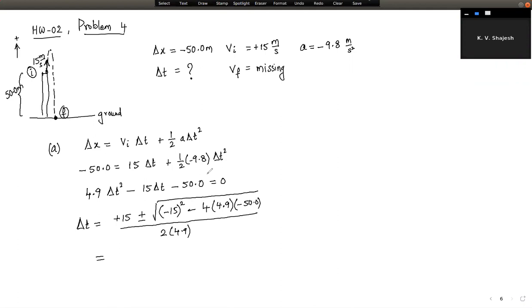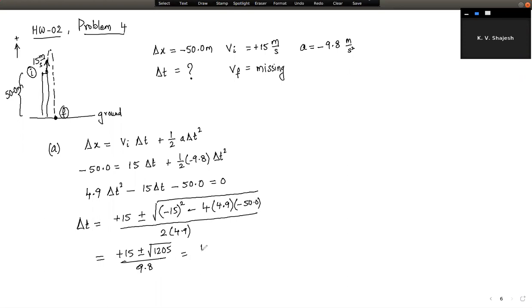That's 1205, and I take the square root. So let me write that down again. So it's the square root of 1205 divided by 9.8 in the denominator, right? So the square root of 1205 is 34.7.